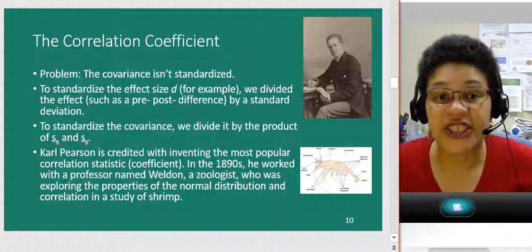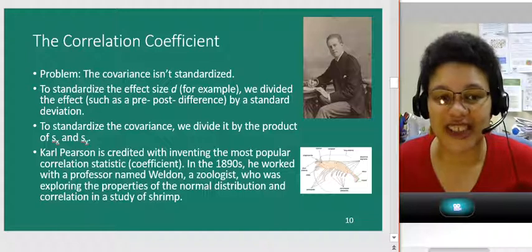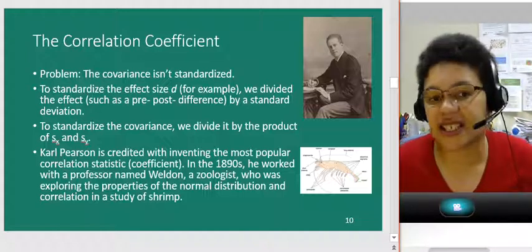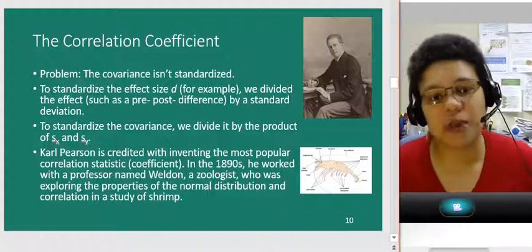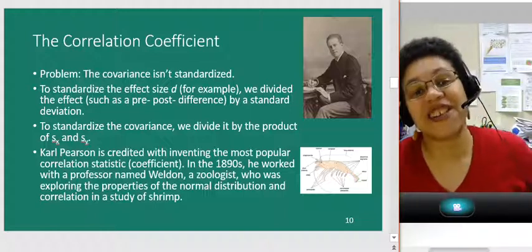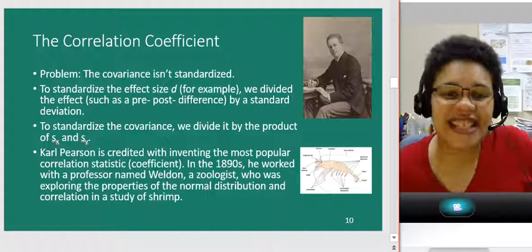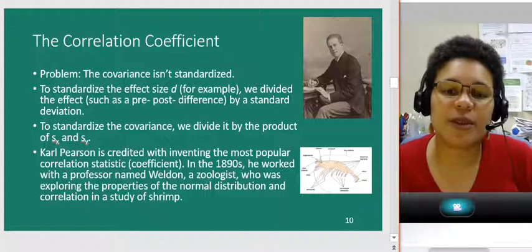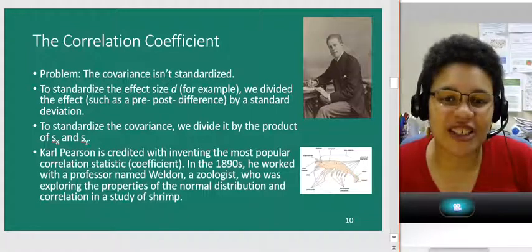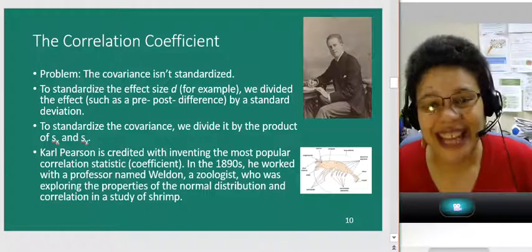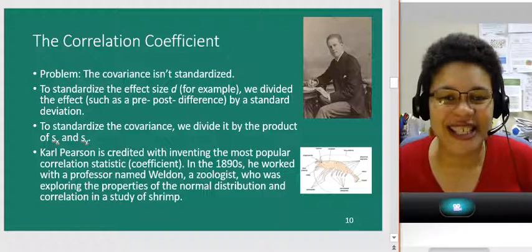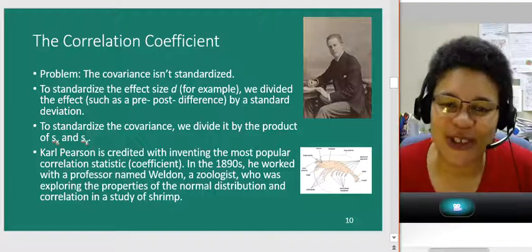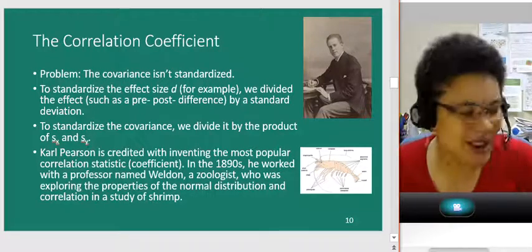Now, Karl Pearson is who's credited with figuring this out, and he invented the most popular correlation statistic, which we call the Pearson product moment correlation coefficient. In the 1890s, he was working with a professor named Weldon, who was a zoologist, and he was exploring the properties of the normal distribution among shrimp. And Pearson used his math skills, applied them to shrimp, and we now have the correlation coefficient.